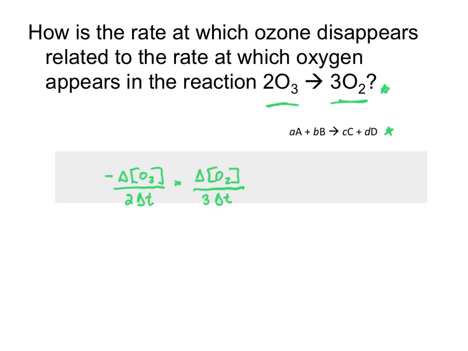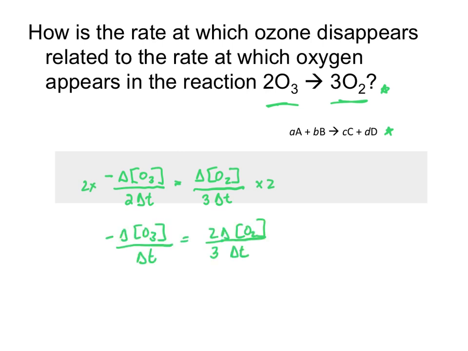Now, to help simplify this, we are going to look at just the rate law associated with the disappearance of ozone. So we want to get this all by itself. In order to do that, we're going to multiply both sides by 2. Once we've multiplied both sides by 2, that gives us the following expression.